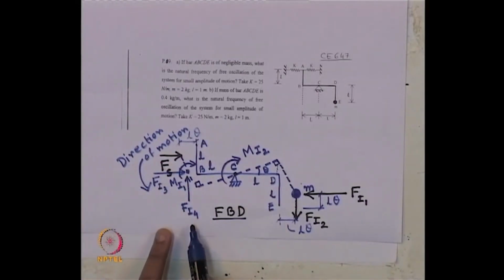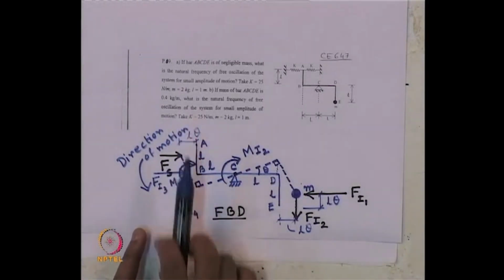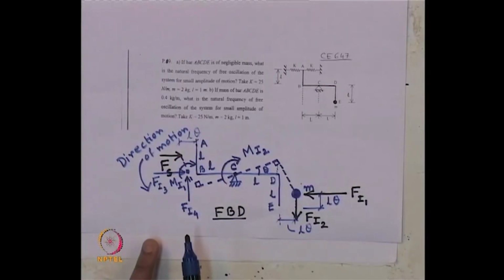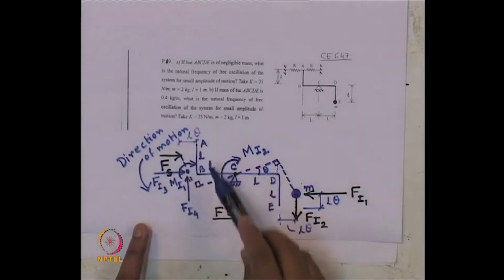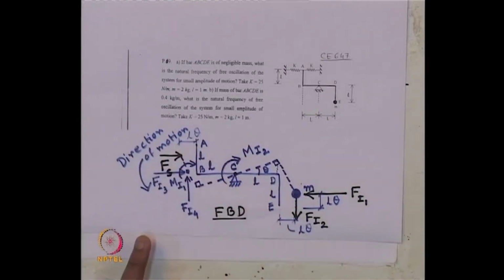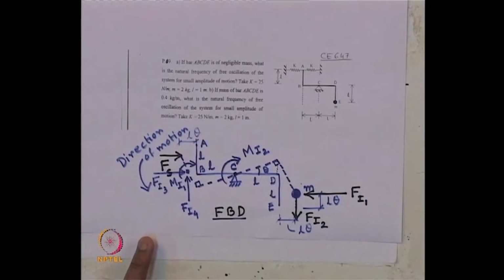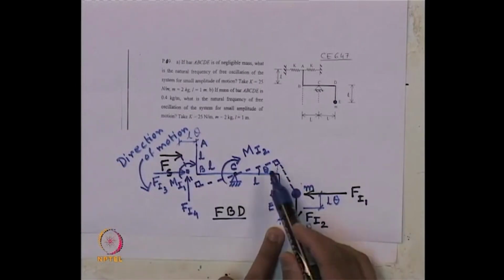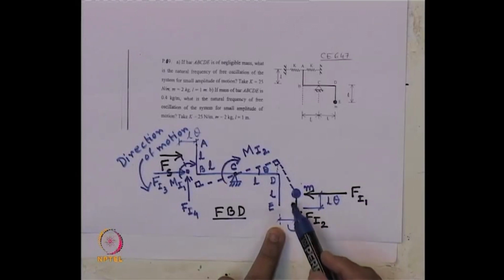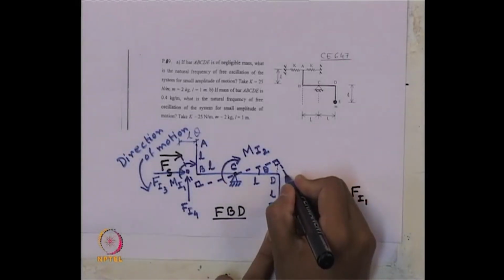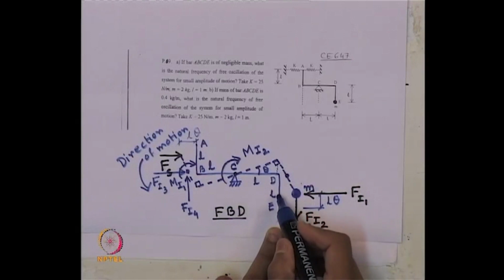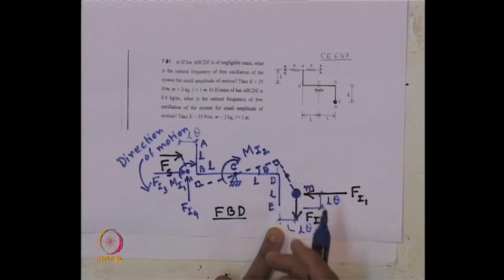F I 4 is the vertical inertia force, acting vertically upward, and M I 1 is the torsional inertia force, each trying to bring it back to its original position. Now, looking at segment DE, this also has been displaced about its center both horizontally and vertically, as well as twisted.